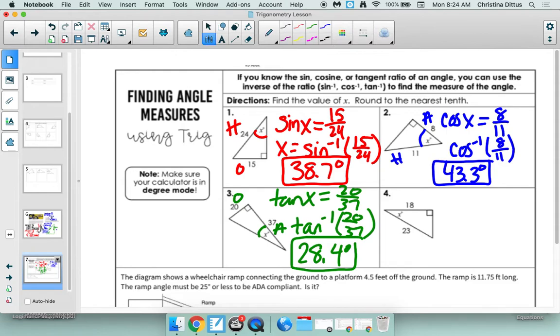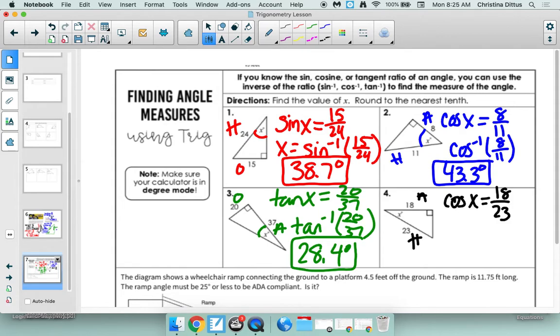Couple more. How does 18 relate? Adjacent. 23? Hypotenuse. So CAH or TOA? CAH, so the cosine. 23 over 18 or 18 over 23? 18 over 23. What do I put in my calculator?